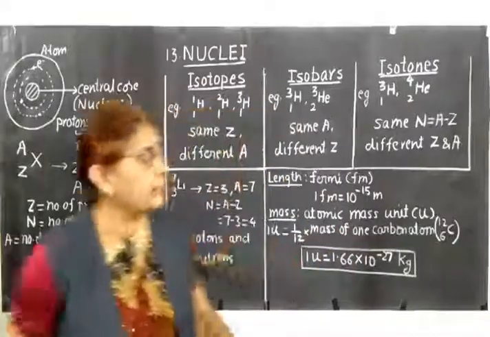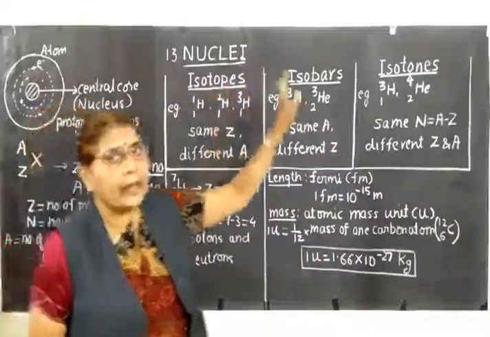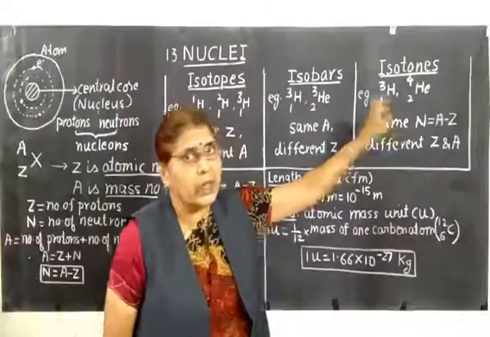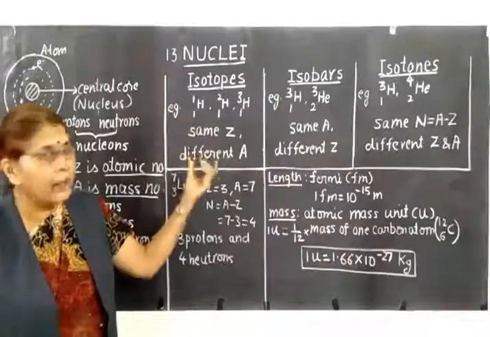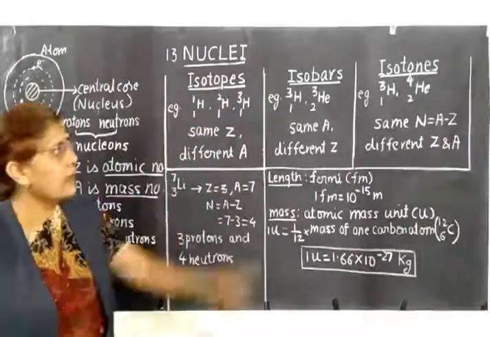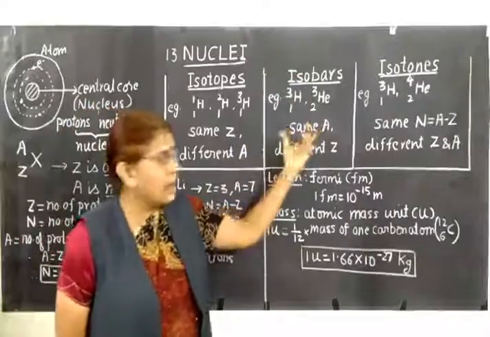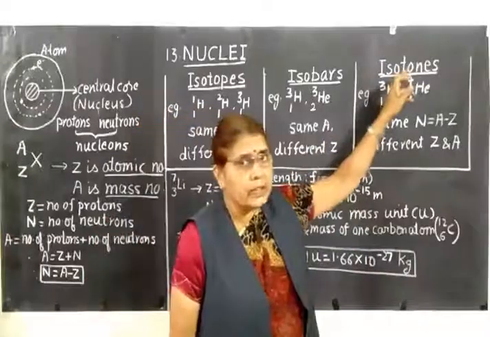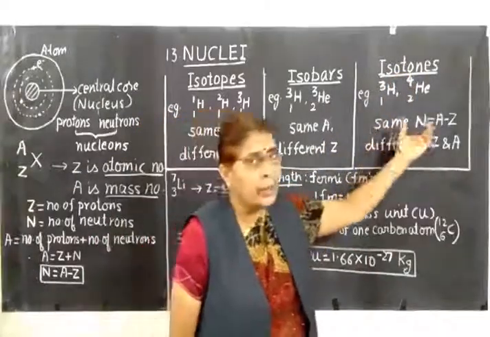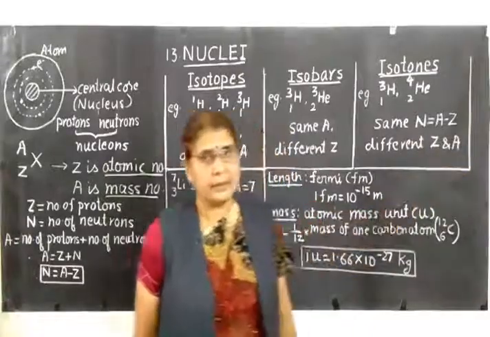Then we have distinguished between three important nuclei: isotopes, isobars and isotones. What are isotopes? Nuclei with same atomic number but different mass numbers. What are isobars? Nuclei with same mass numbers but different atomic numbers. And what are isotones? These are nuclei with same number of neutrons and different atomic and mass numbers.